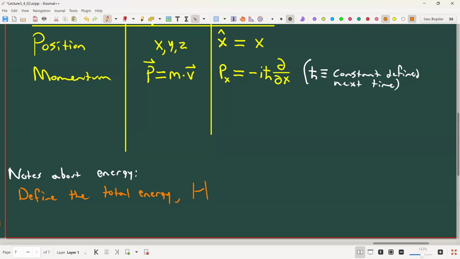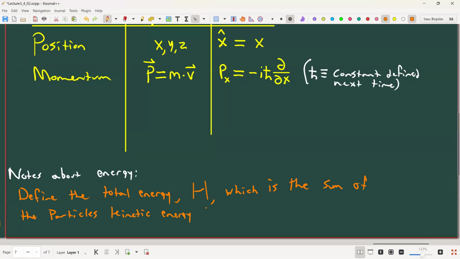It's not going to be E, it's going to be H. I'll explain why it's H in a second, which is the sum of the particle's kinetic energy, which I'll call T. It's a convention. What we call translational energy, which is why the T, and potential energy.